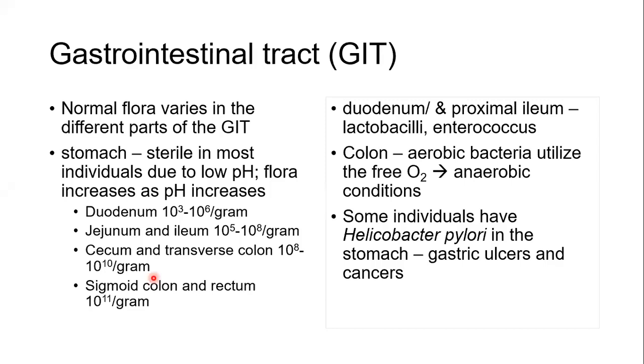This has been shown to have an association with gastric ulcers and different types of gastric lymphomas. And this again will be talked about in more detail later, once you get to the specific microorganisms.